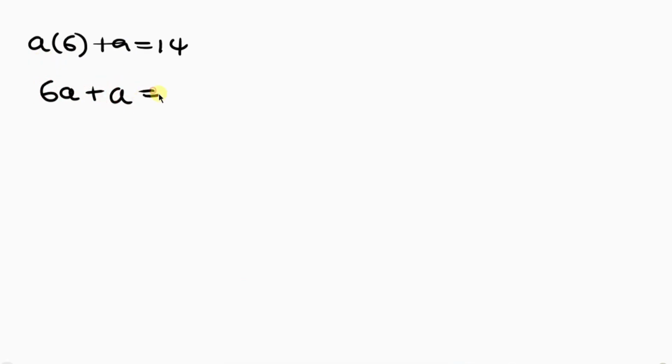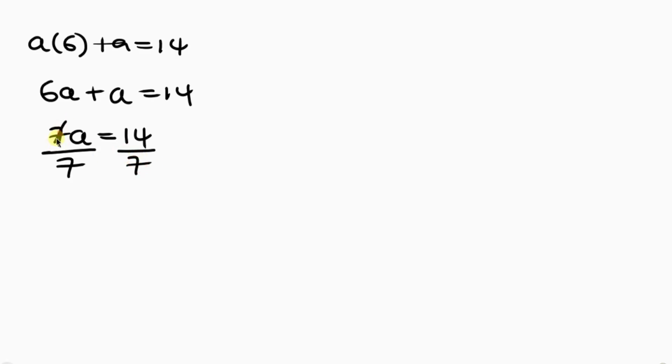Now let's simplify what we have here. So 6 times a is 6a plus a equal to 14. Simplifying further, 6a plus a is 7a, and this is equal to 14. Now to get the value of a, we just have to divide both sides by 7, which is the coefficient of a.